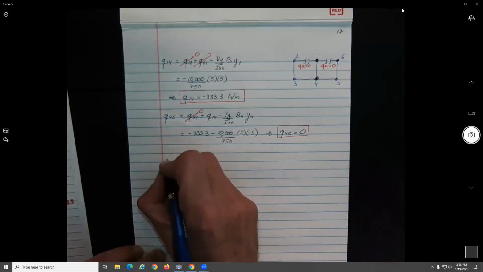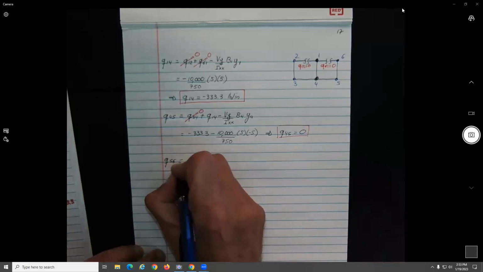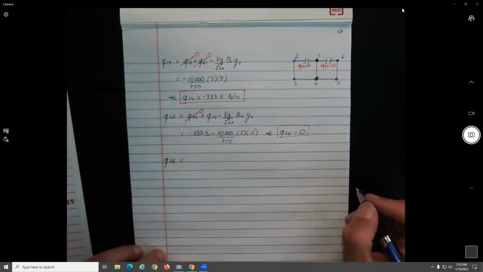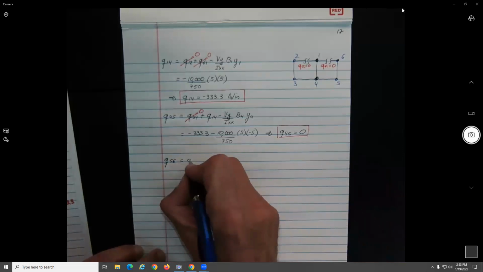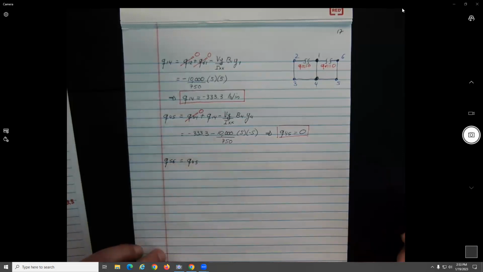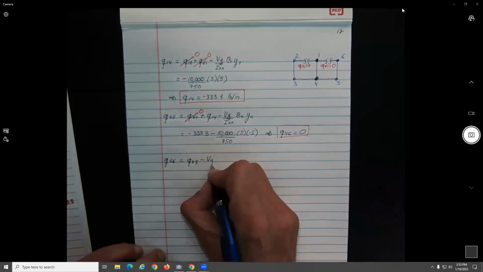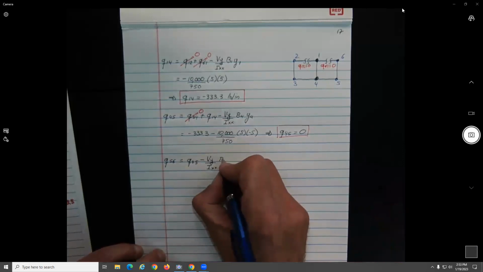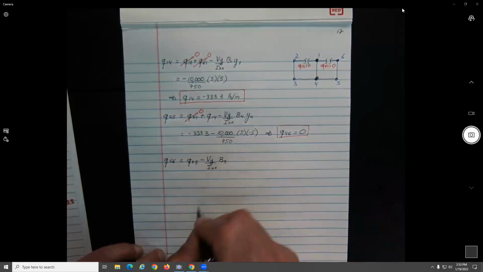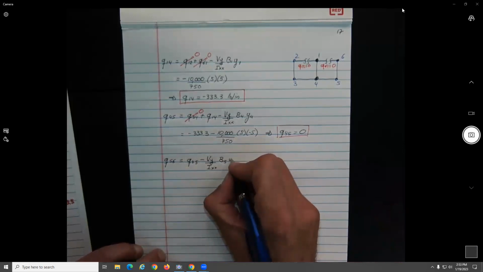Okay, and finally, Q56 will be equal to what? Q45 minus Vy over Ixx, B of what? B5, Y5.